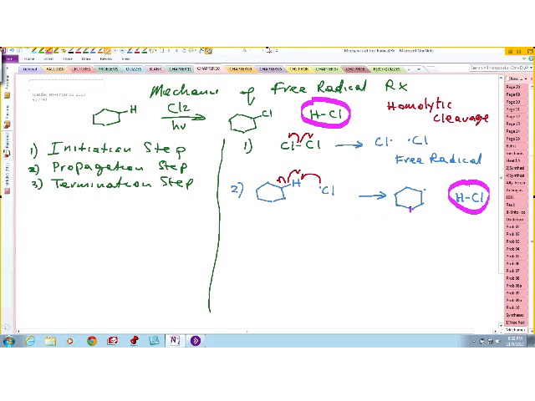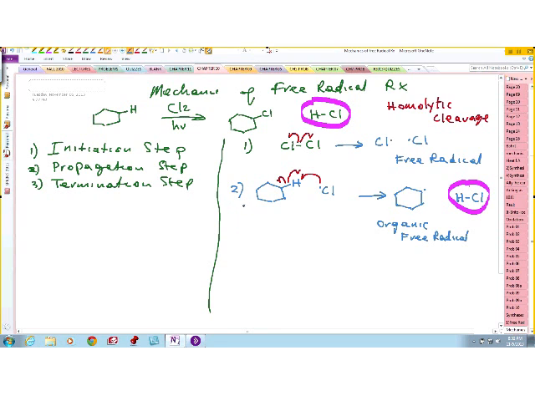So now we've also formed the organic free radical. So that is the first step of the propagation step.